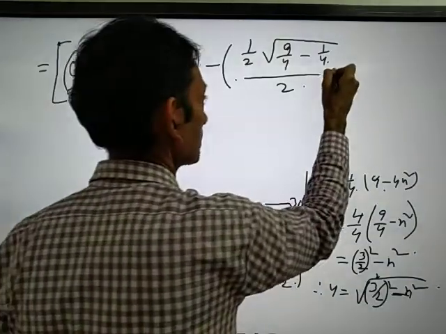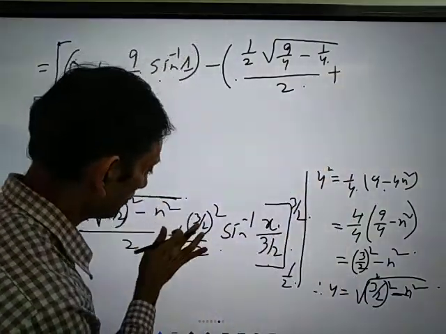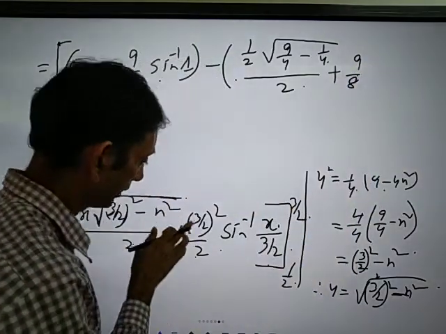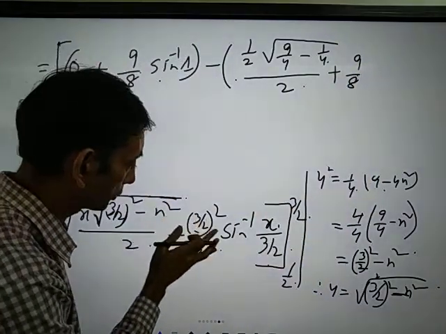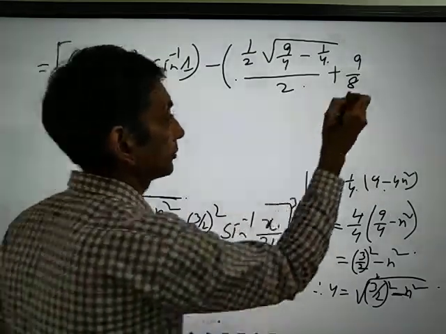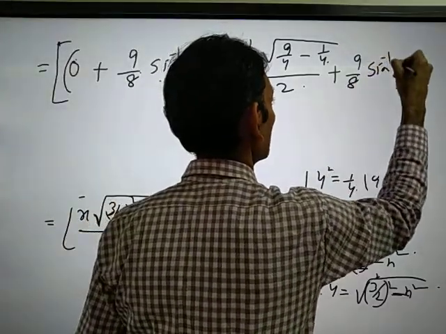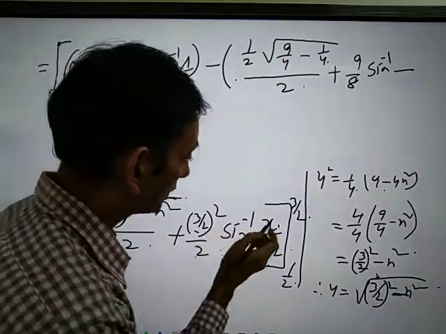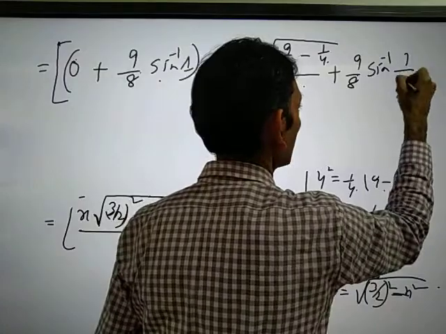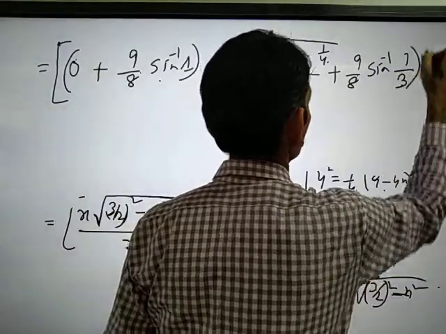Plus, I'll simplify this one step. This is 9 by 4, that is 9 by 8. 3 by 2 whole square means 9 by 4. 4 will come down, 4 into 2. This is 9 by 8. Sine inverse, x value you need to put half. So half means 1 by 2. 2 will get cancelled out. So we'll get only this one. Right? Yes.